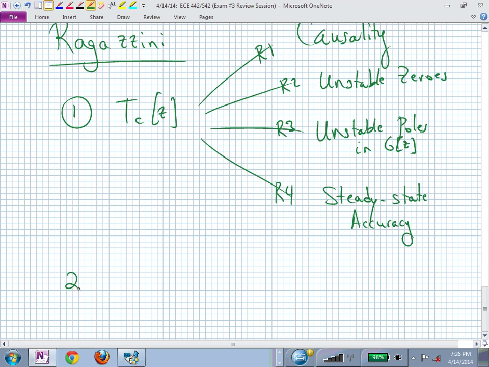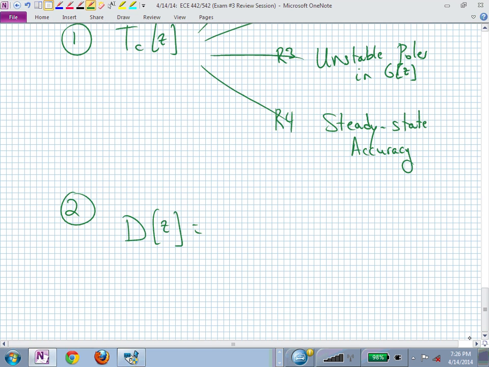The second piece is what? What did we call our controller? If we call our controller D of Z, then we solved for D of Z to guarantee the right T sub C of Z that we wanted.